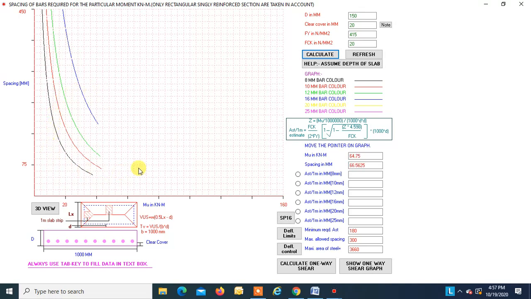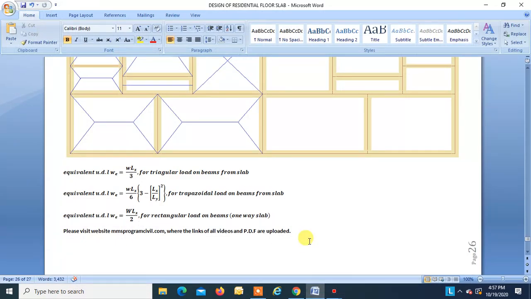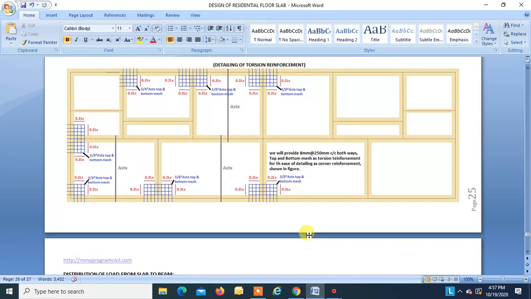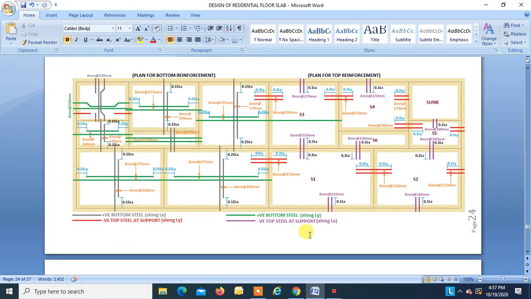Okay, so this is how you can make such programs and find out the most economical solution, and you can come to a decision whether you want to use 8 mm bar or 10 mm bar or 12 mm bar or 16 mm bar, right? So this is how we do the design of a floor slab. Hope you must have found this video useful. Thank you.